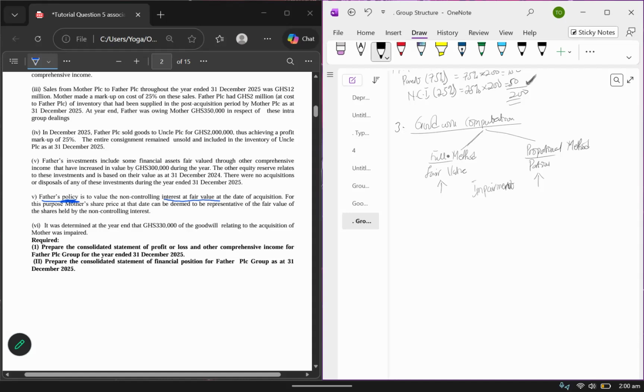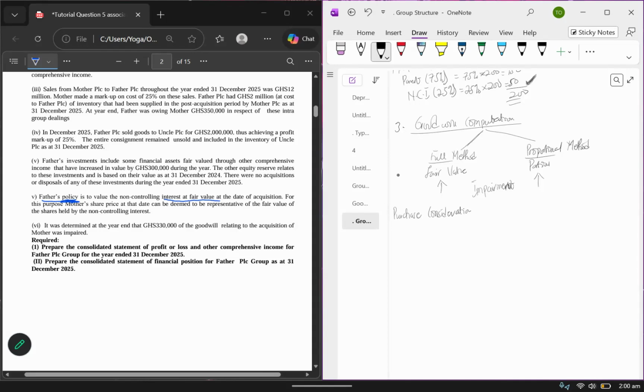Okay, so when you are doing the full method, normally you bring your purchase consideration, and we know what the purchase consideration is. Let me just say this. The goodwill is basically the excess of your purchase consideration over the net assets that you are purchasing or acquiring.